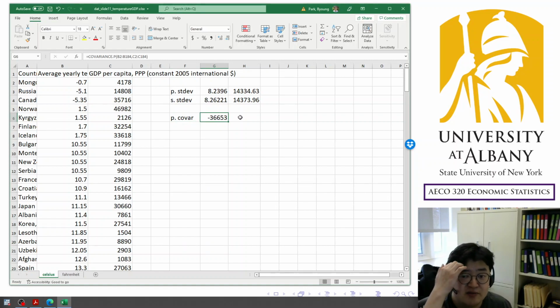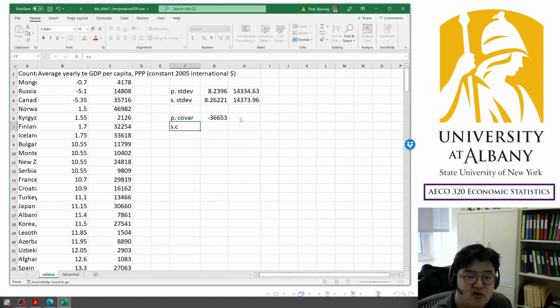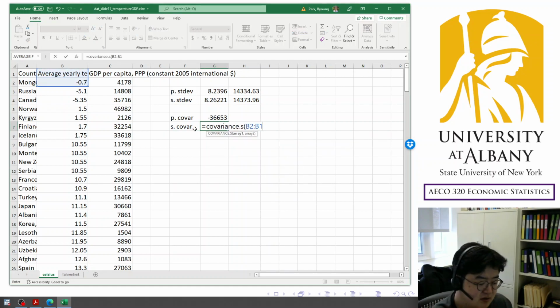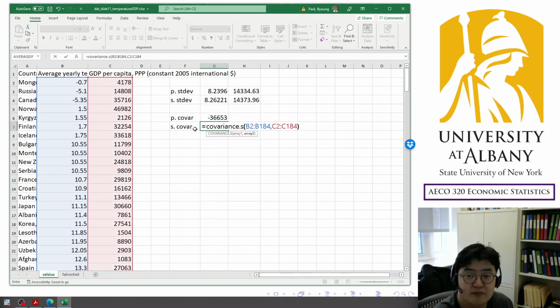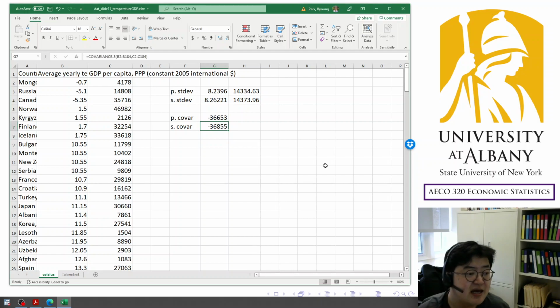As I said, minus means something, but 36,000 doesn't mean anything. Similarly, if you calculate the covariance for the sample version, COVARIANCE.S, and choose the same data, then it is slightly different. The sample version and population version are slightly different.